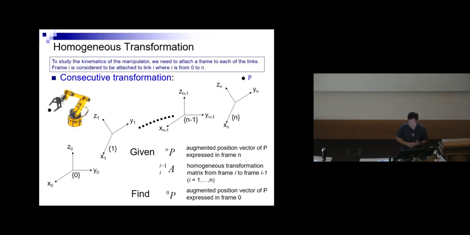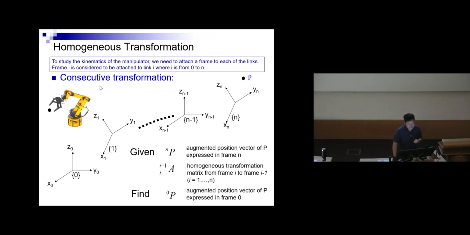With the homogeneous coordinate system, we come to the homogeneous transformations. The purpose of homogeneous transformation is to support something called a consecutive transformation.